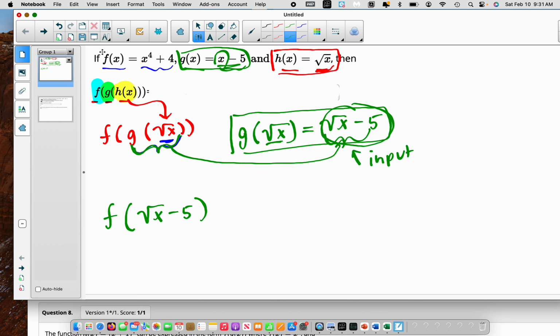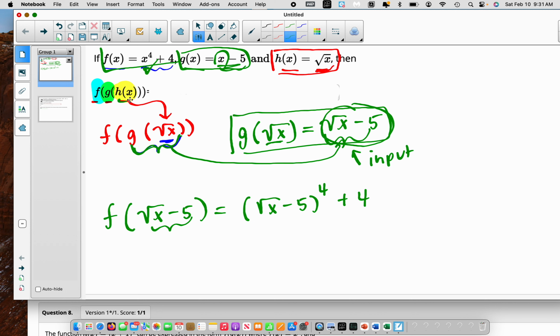What's my f function? It's right here. So that becomes, everywhere I see an x, I'm going to put in this input, square root of x minus 5. So this becomes square root of x minus 5 raised to the 4th power, that's this term here, plus 4. So that's my answer.